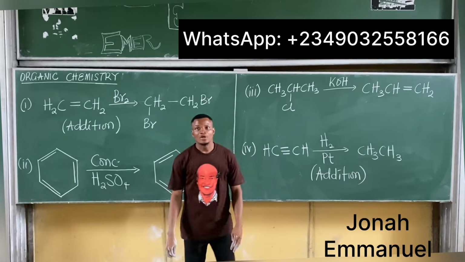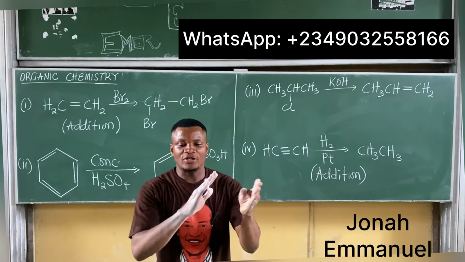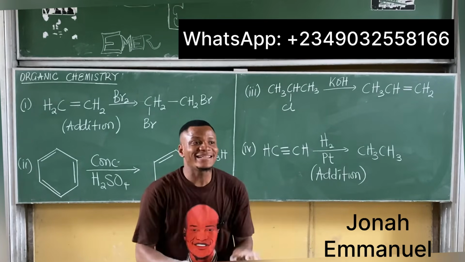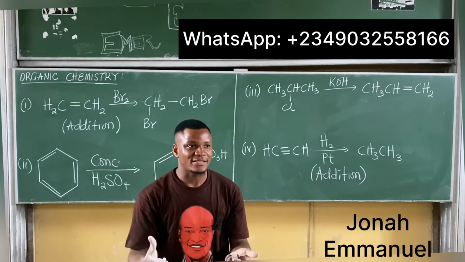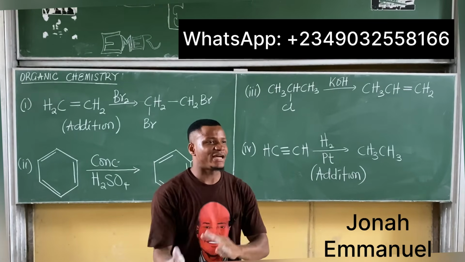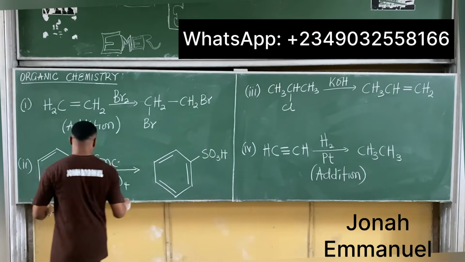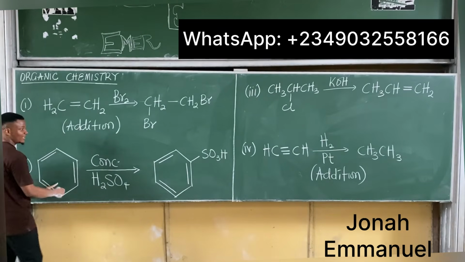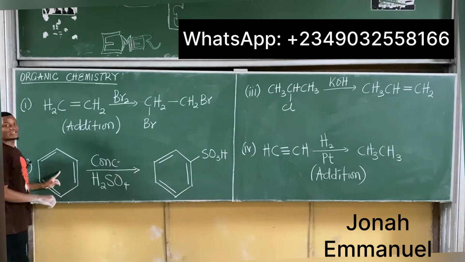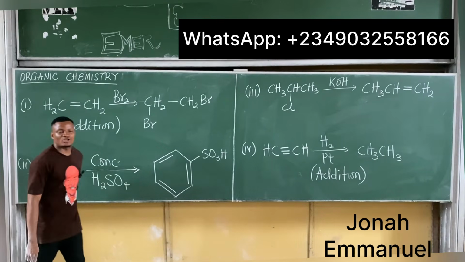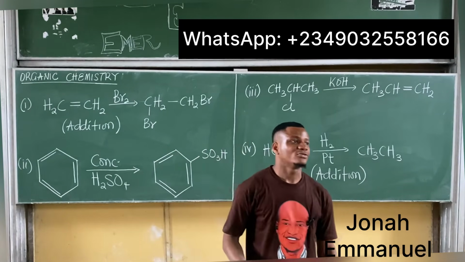Number two, for substitution, check very well. For the two sides, I will have exactly the same structure, just a change in perhaps an attachment. Is anyone that has the same structure on both sides? Number two. Please observe. This is a benzene ring. This is a benzene ring. The only difference is that this is called, what's the name of this structure?